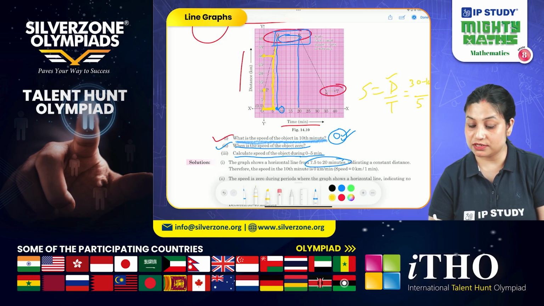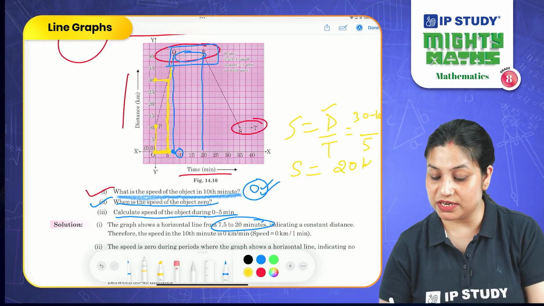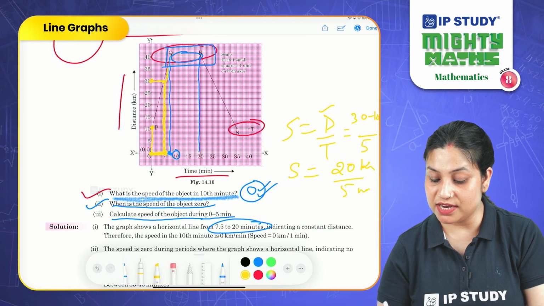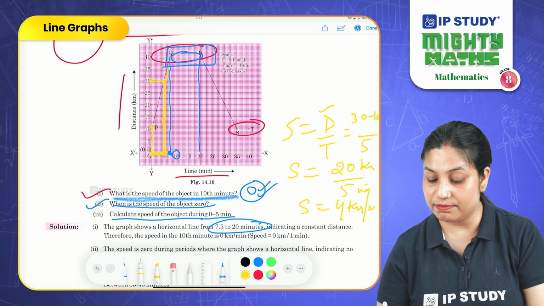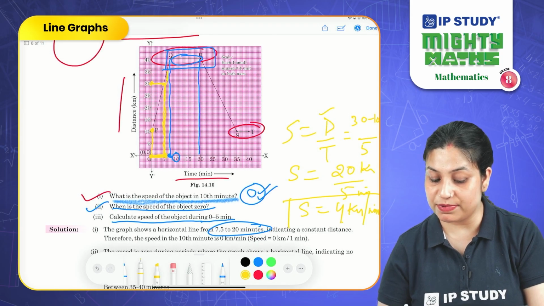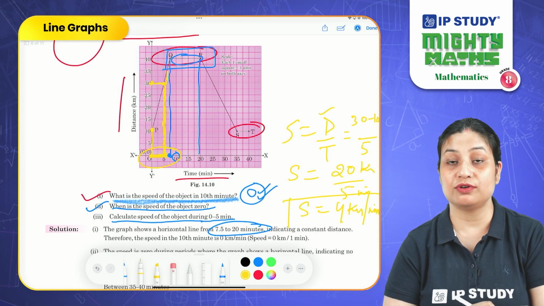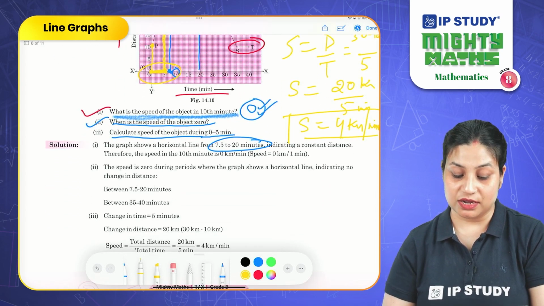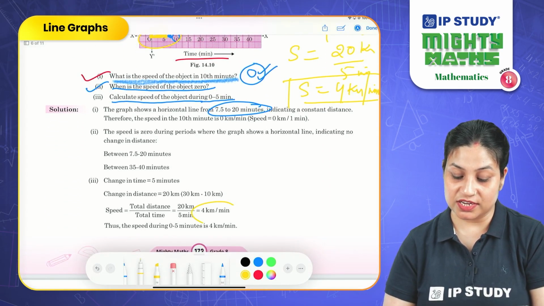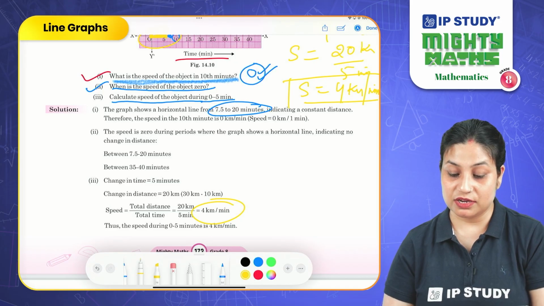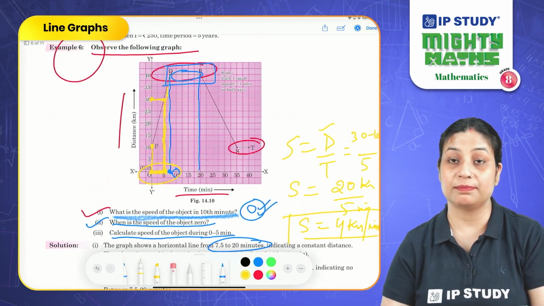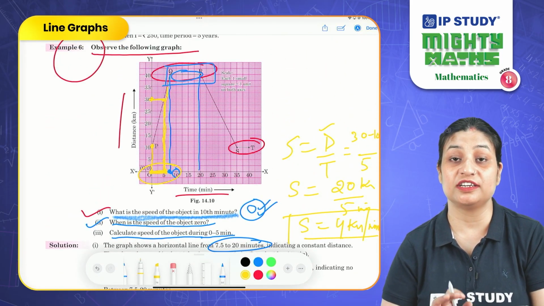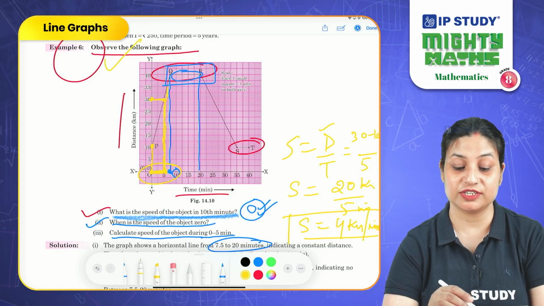You have to subtract 10 from 30. So this will be 20 kilometer upon 5 minutes. If you calculate it, you will get 4 kilometer per minute. So what is the speed for the 0 to 5 minutes interval? It is 4 kilometer per minute. So I hope you have understood this question. You have understood how we have interpreted this line graph for this particular question.